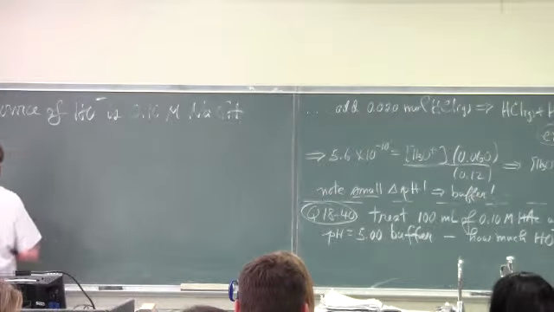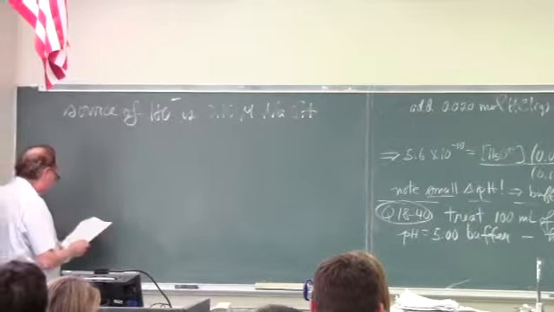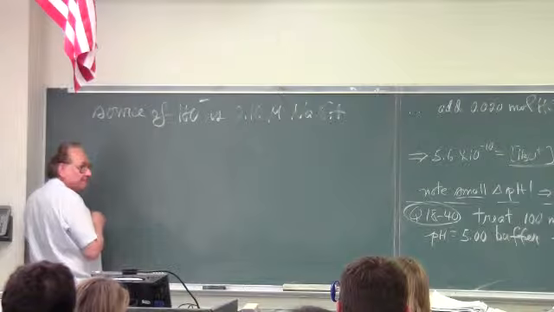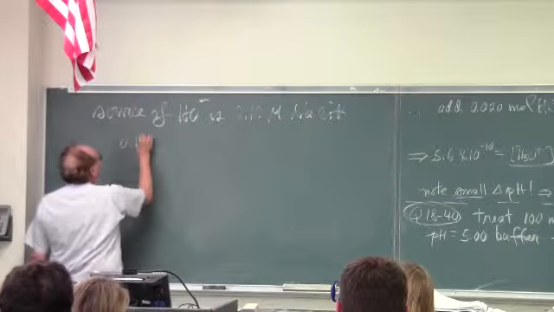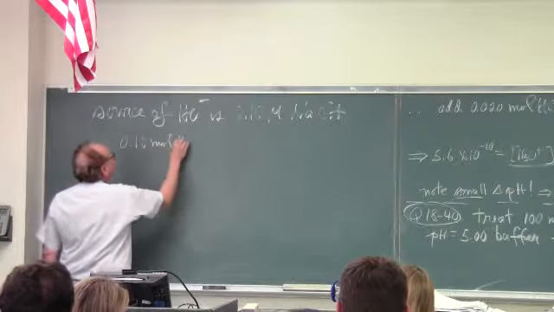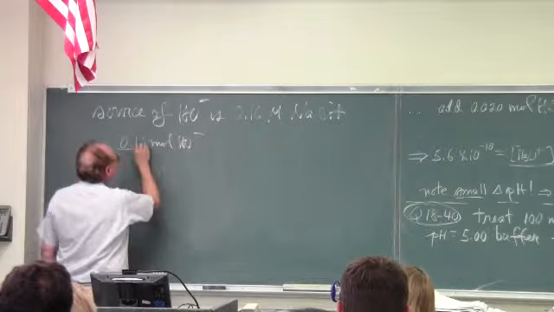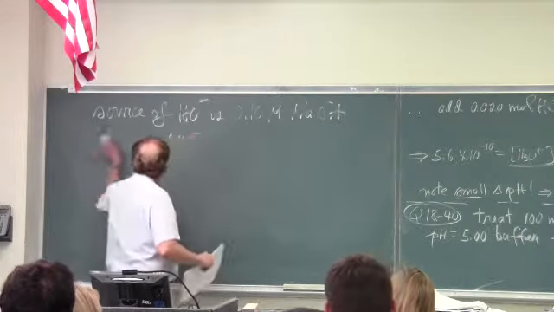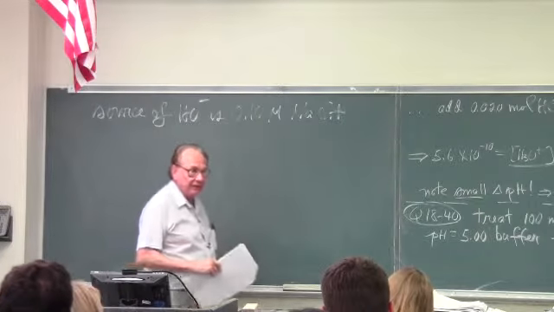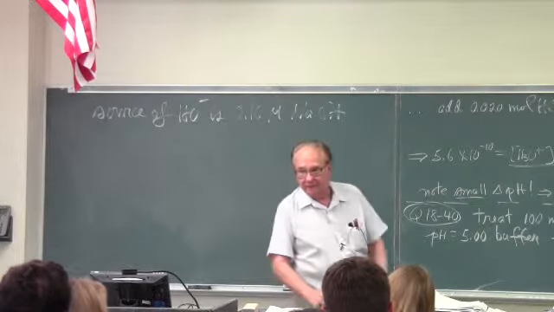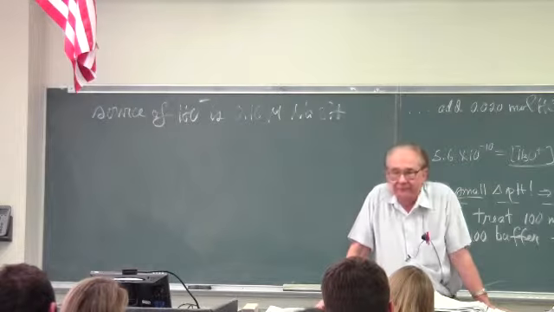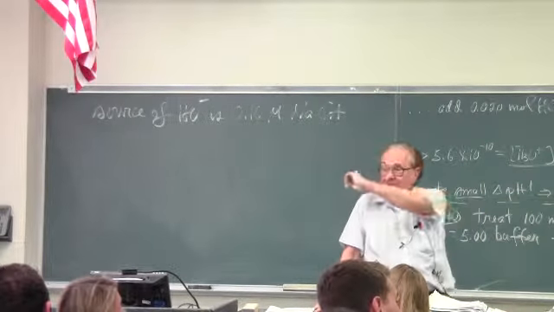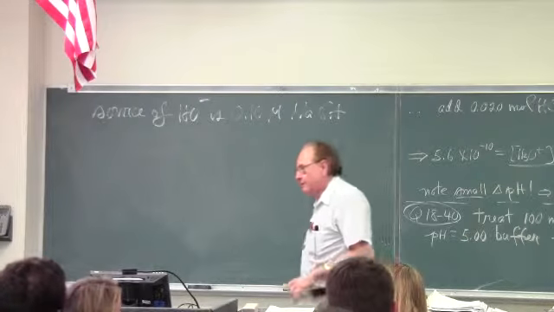Now then, I want moles, right? I don't want moles. What am I talking about? What do I want? I want volume, right? I want to know what volume of this solution contains that many moles.